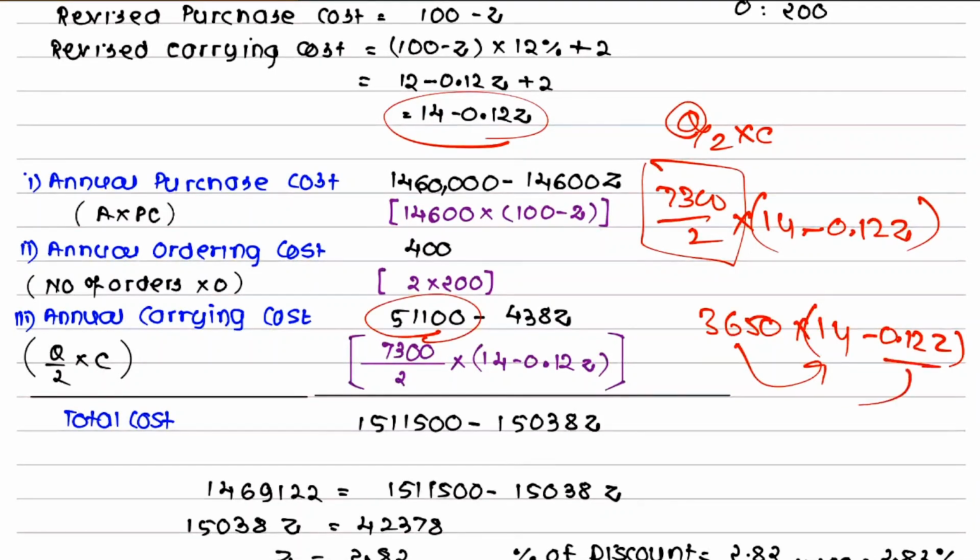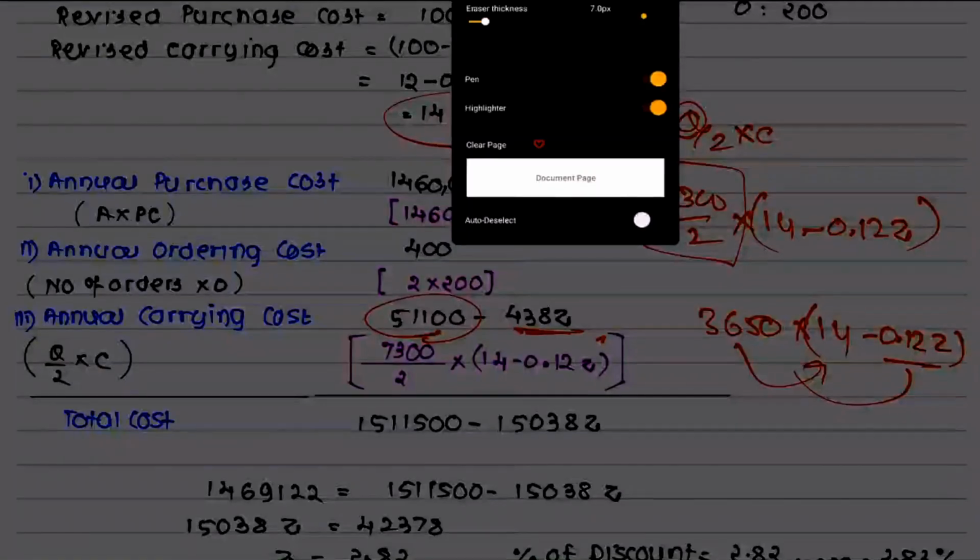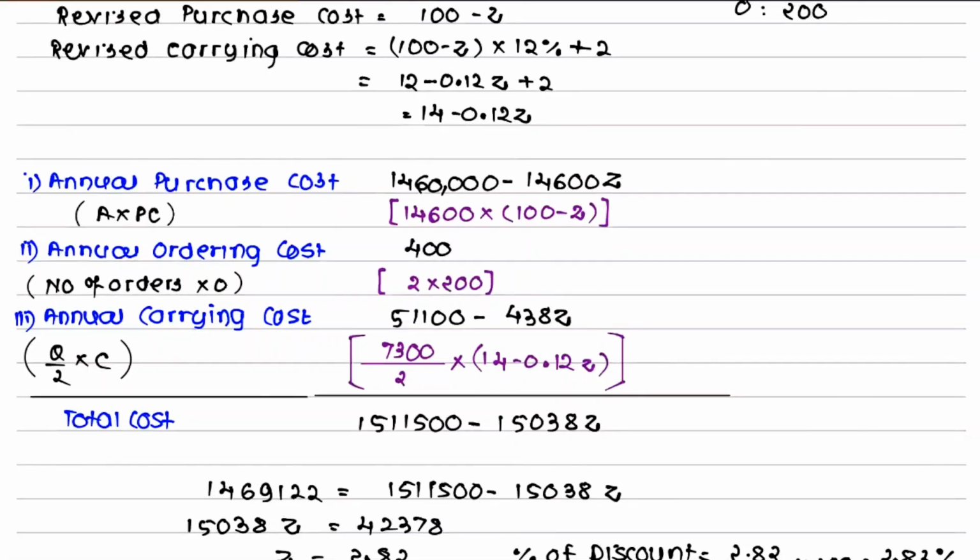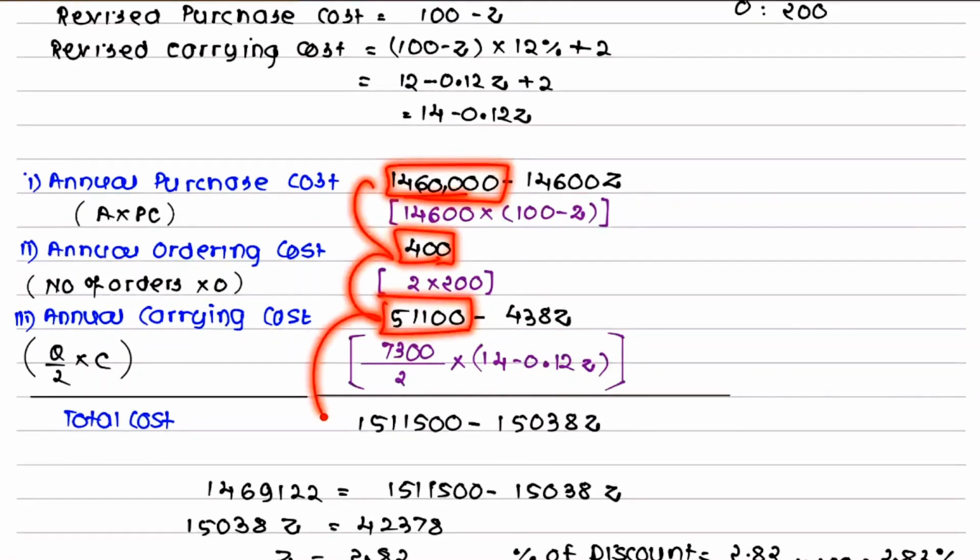Then 0.12 into 3650, that is how much? 438 Z. Clear, everyone? They have complicated it a bit too much, actually. It was not the first time. They have asked it in a difficult way. Now can I say this value is positive, this value is positive, this value is positive? So it will be added. Just add this: 14,60,000 plus 1400 plus 51,100. That is going to be this value.